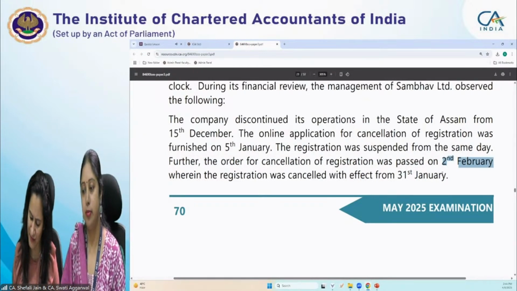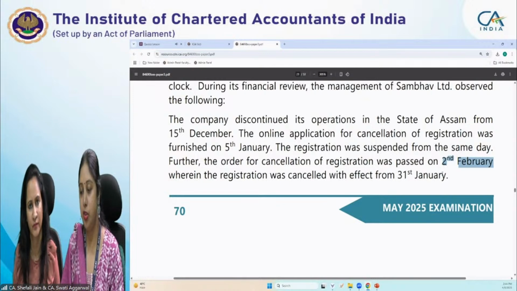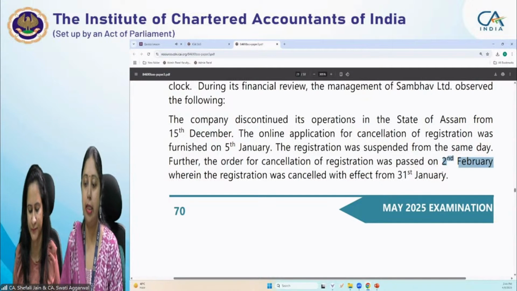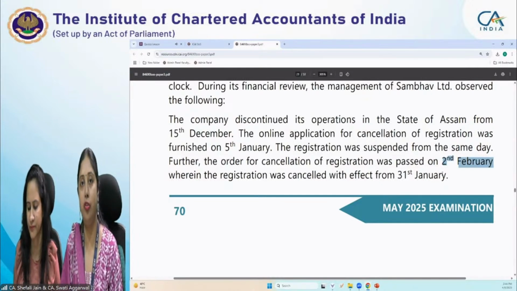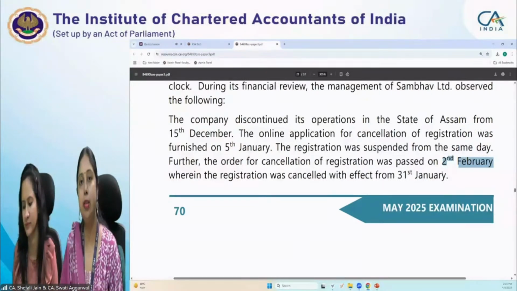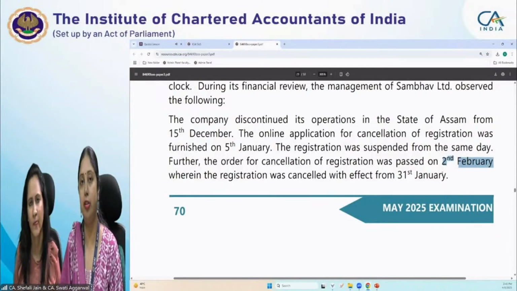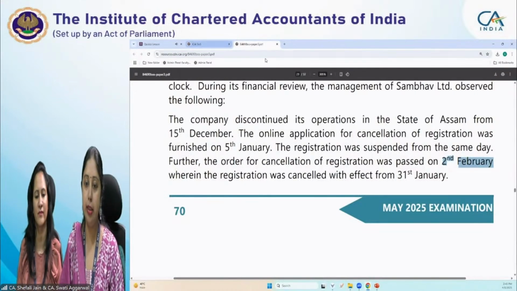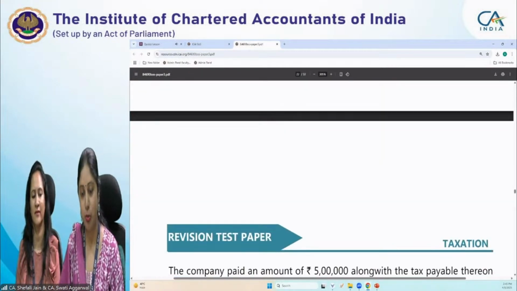So these are two relevant dates, 2nd February and 31st January, whichever is later. What is later of the two is 2nd February, that is the date of order of cancellation of registration. And that is why within 3 months from this date, the final return has to be furnished by the registered person.